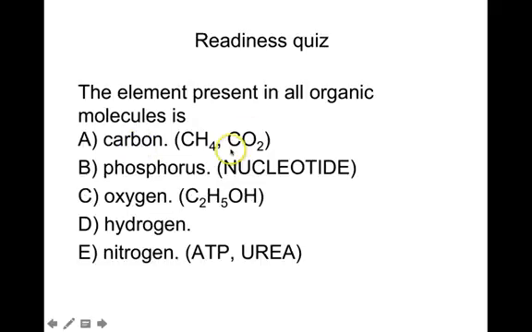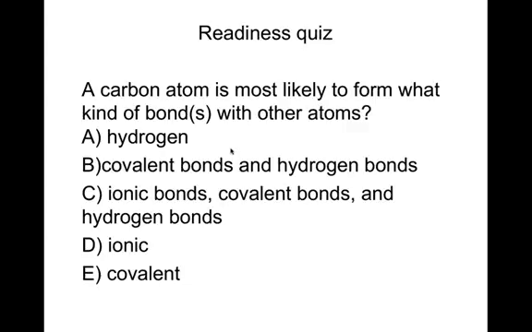And just because something contains carbon, does it become organic? That's the next question. So let's see. What kind of bonds does carbon form? Naturally, it forms covalent bonds, and that too 4 covalent bonds. Not less than 4, not more than 4 covalent bonds.